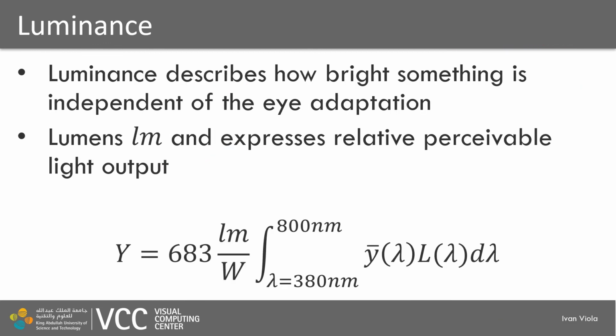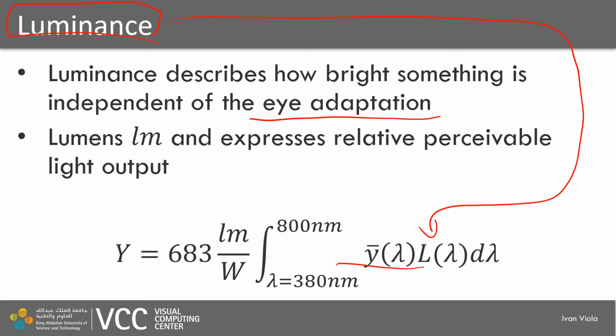This way, we can express, for example, the luminance, which is a quantity from photometry and is somehow equivalent to the radiance. Luminance describes how bright something is, independent of eye adaptation, but dependent on the luminous efficiency function. Therefore, luminance can be calculated as an integral of the radiance for a given wavelength, scaled by the luminous efficiency function, and outside the range of the visible spectrum, this will be zero anyway, and that way we obtain the luminance from the radiance.